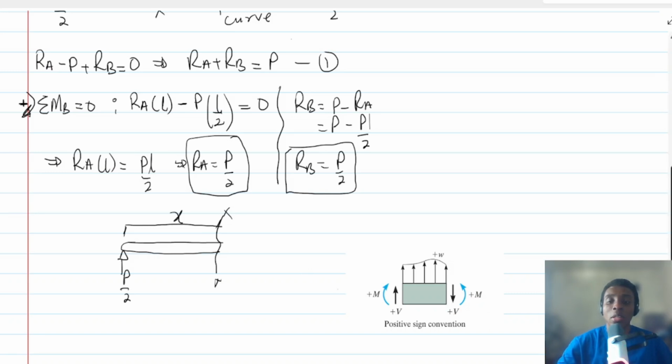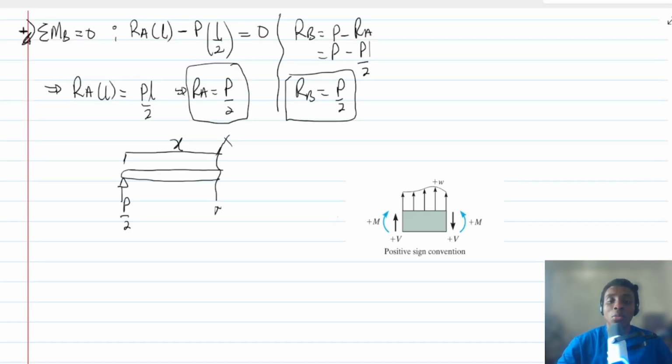You see that there is V which is coming down, and then there is a moment which is going up. So we are going to bring V here, which is the shear force. Then we will bring M here.